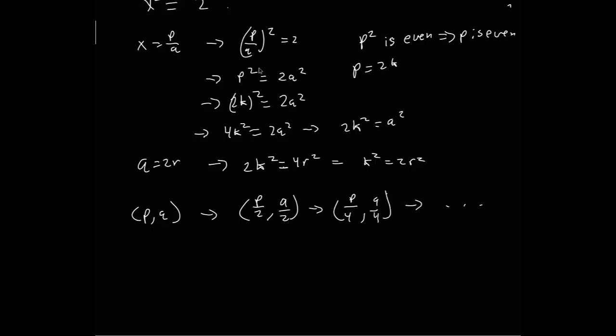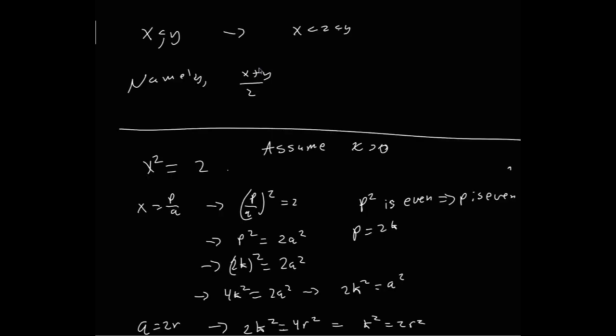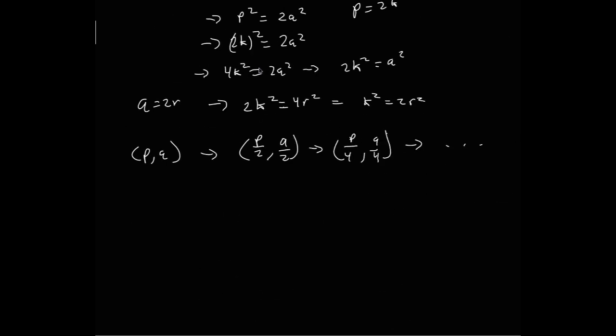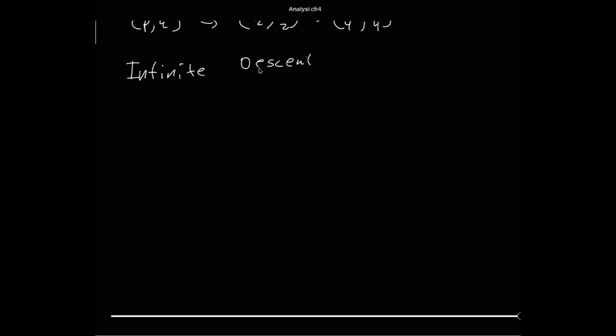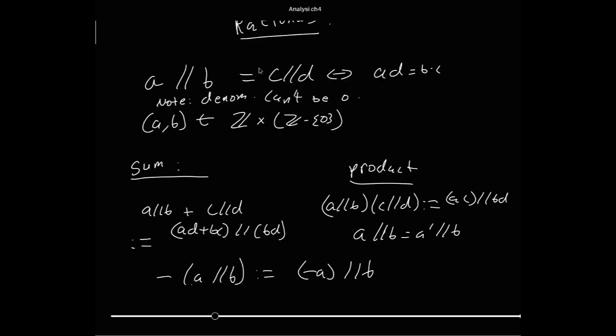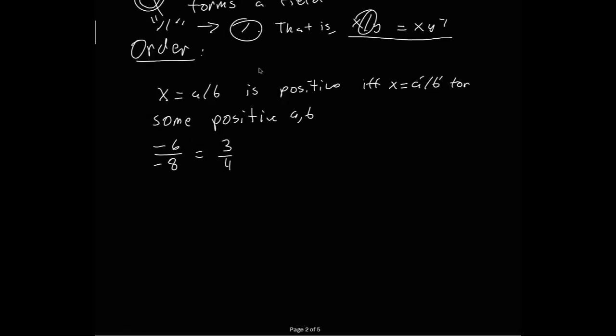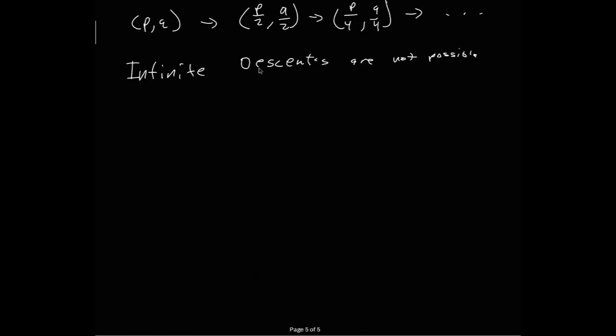So the next theorem is that infinite descents are not possible in naturals.